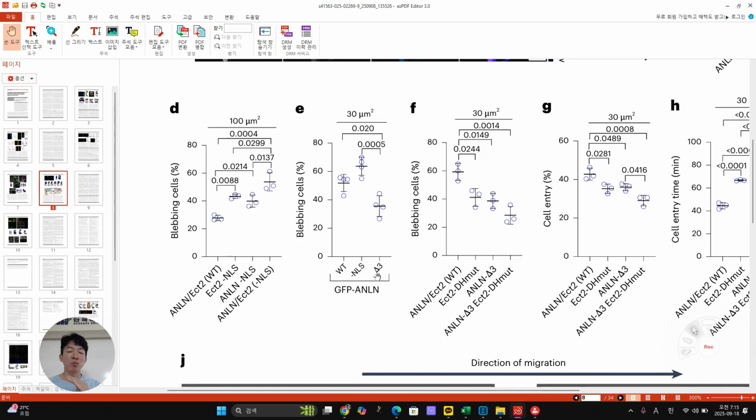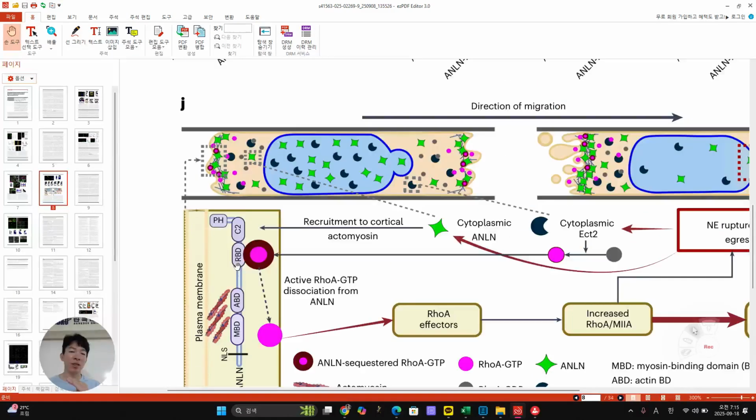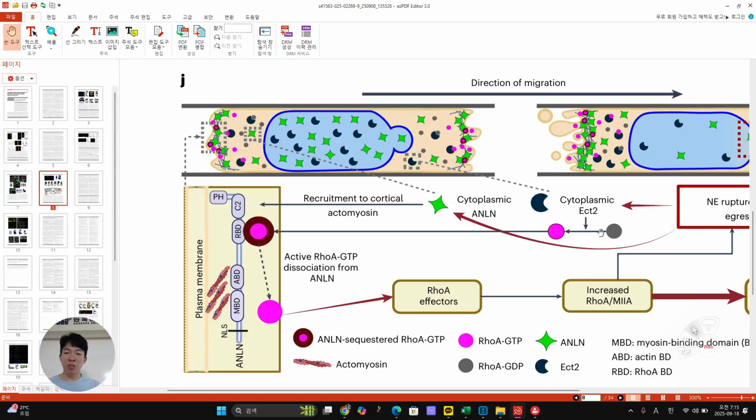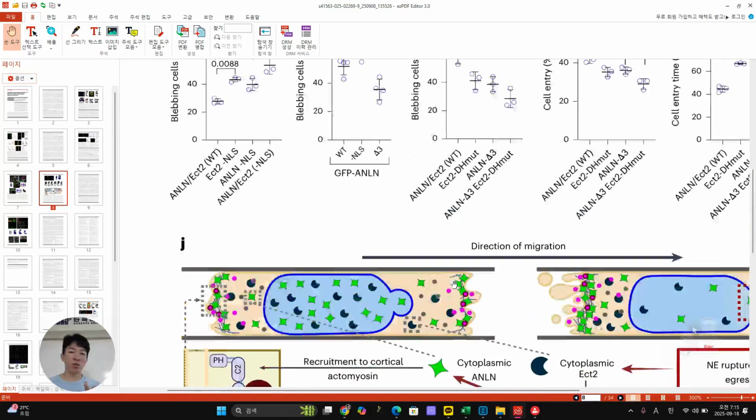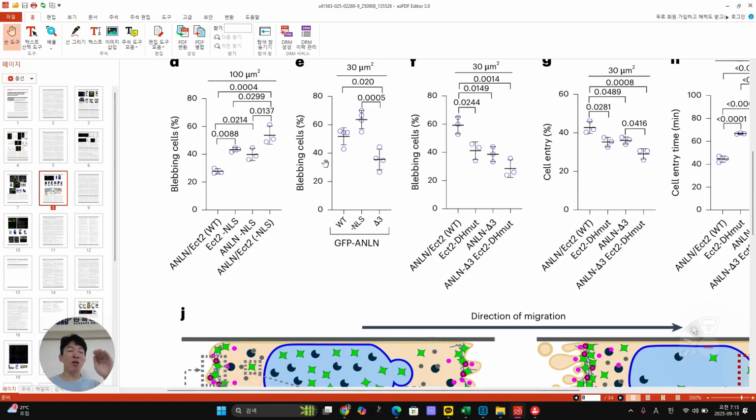But when they remove the three domains, the RhoA binding domain, actin binding domain, and myosin binding domain, they cannot make RhoA GDP to GTP and then RhoA activation. So they lose myosin 2 activity, there is less migration, and the blebbing cell number goes down.